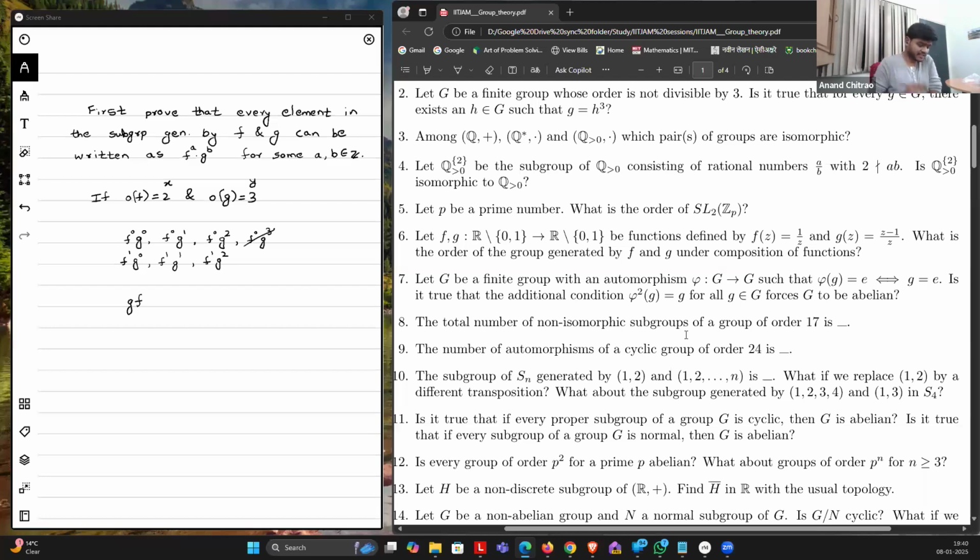Then the strategy is to see if you can write it this way. You can definitely write it as f inverse gf, and then ask the question, can this be written as f times g power a for some a, or maybe I'll say c.